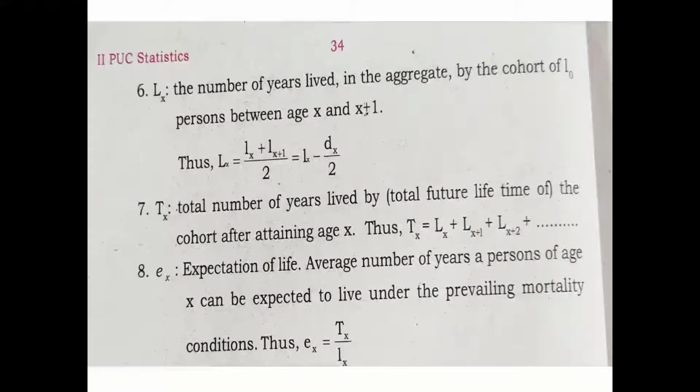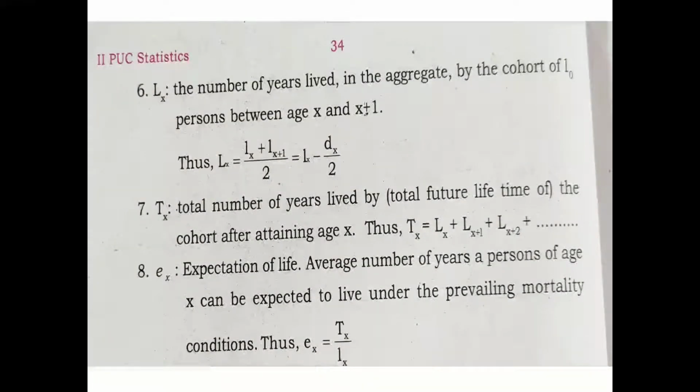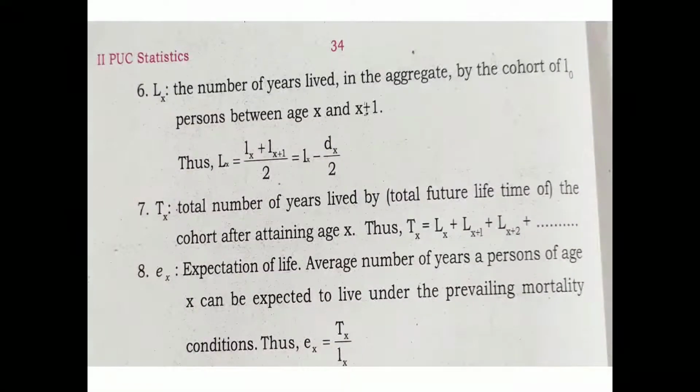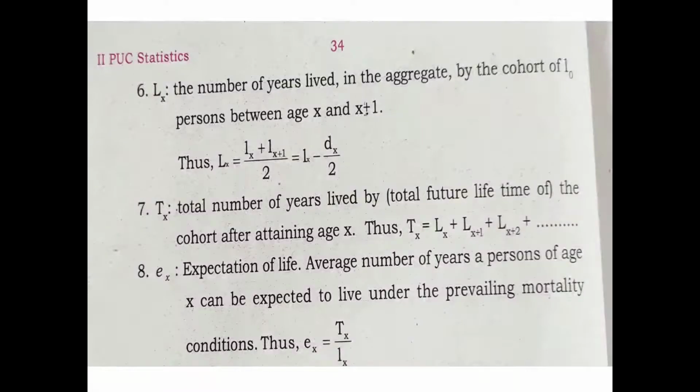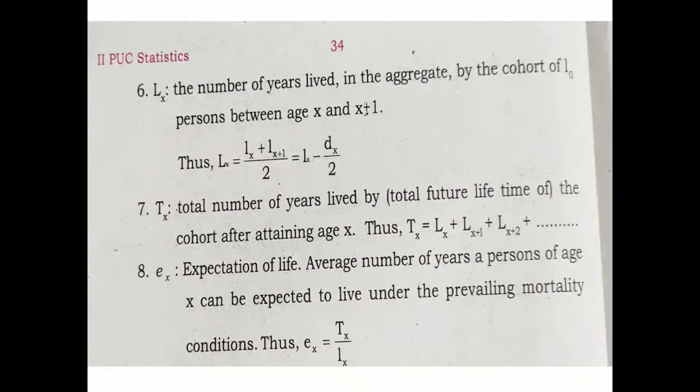Capital Tx is the total number of years lived by the cohort after attaining age x, which is Lx plus 1 plus Lx plus 2, and so on. Next, Ex is the expectation of life: the average number of years a person of age x can be expected to live under the prevailing mortality conditions. Thus, Ex is equal to Tx divided by lx.